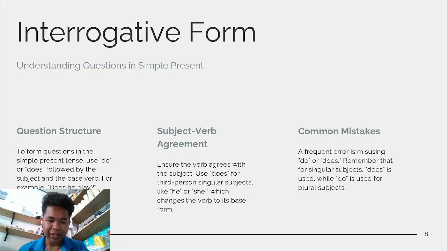Ensure the verb agrees with the subject. Use does for third person singular subjects like he or she, which changes the verb to its base form. A frequent error for the interrogative form is misusing do or does. Remember that for singular subjects, does is used, while do is used for plural subjects.